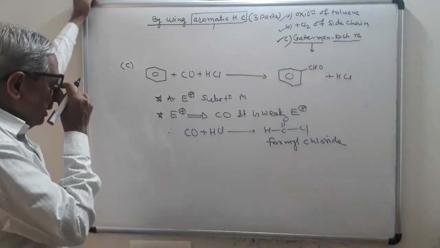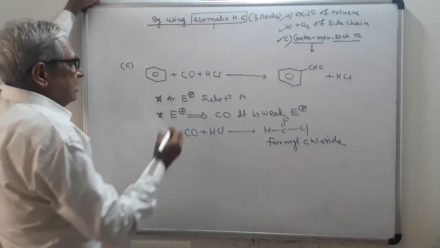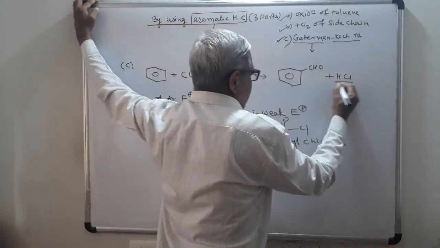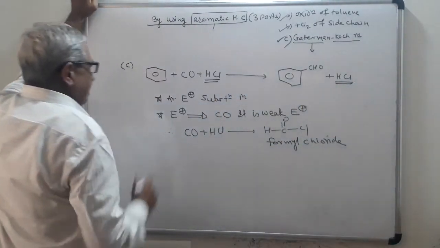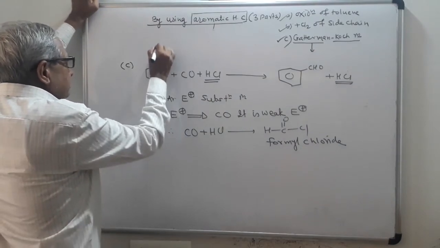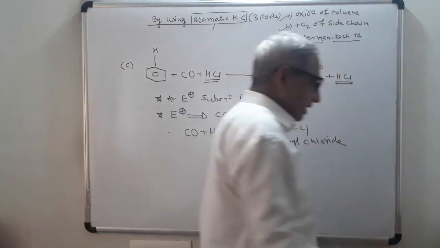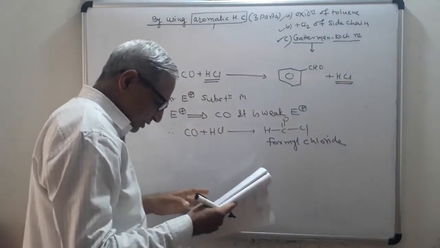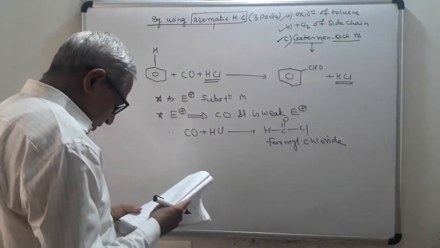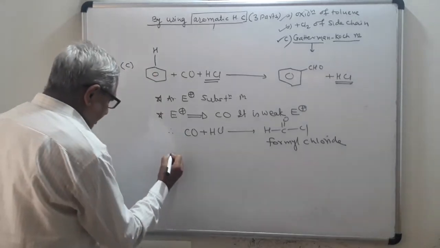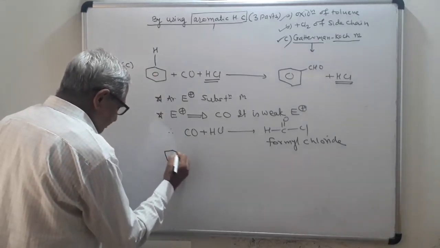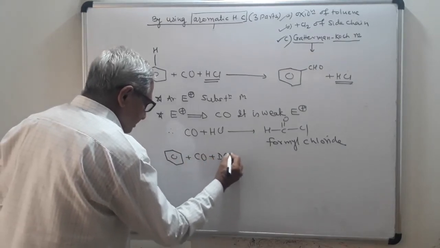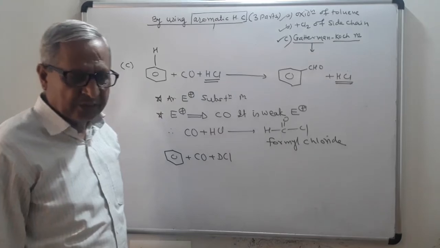Now see, in this reaction, this HCl is also a reactant, and this HCl is also a product. Now remember that this HCl is different here. So I will set a question on the point, a Gattermann-Koch reaction. A particular question here. Benzene ring treated with carbon monoxide, DCl. It is called a tracer technique question.